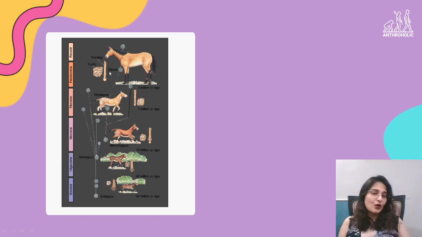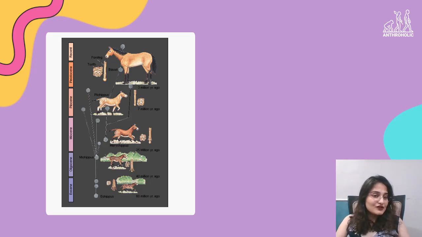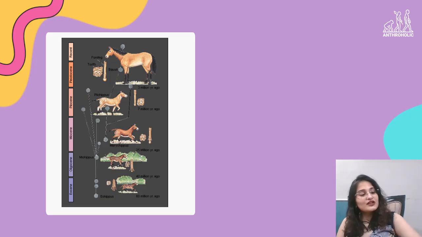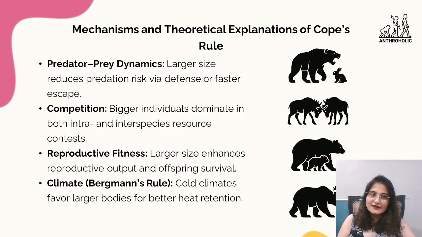This is the size we are talking about, that with respect to time, in the future lineages, they have seen that whatever fossils they are discovering, the older fossils were comparatively of smaller size, the animals were comparatively of smaller size than what they are right now in the current times, right? This is what the law states.